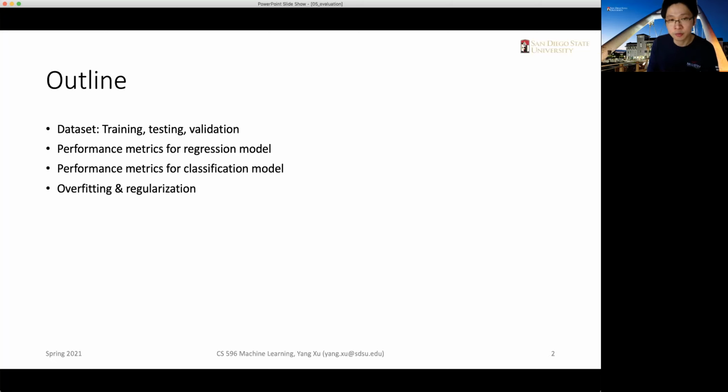So for the linear regression models, in assignments we have a task for you to compute the residual sum of squares, okay?